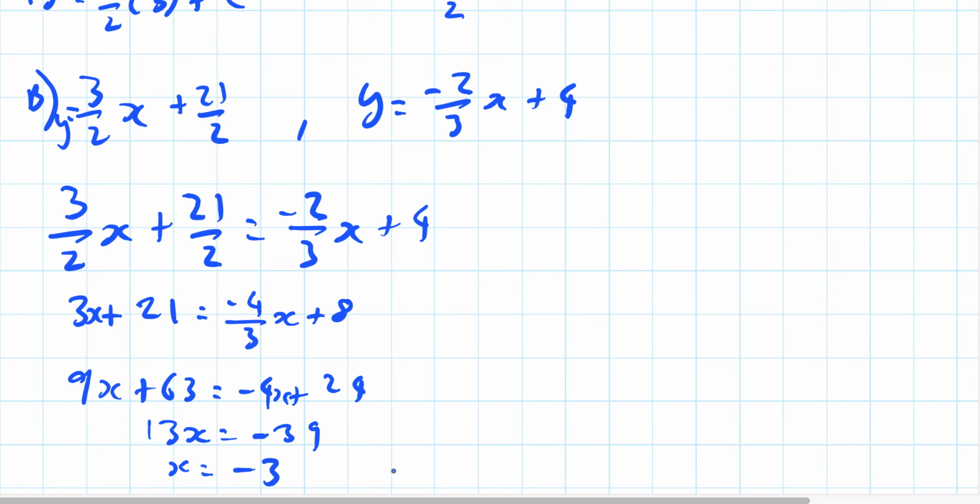Therefore y equals, place minus 3 into here, that will give me positive 2 plus 4, which equals 6. So the center of my circle is minus 3, 6, the coordinates.